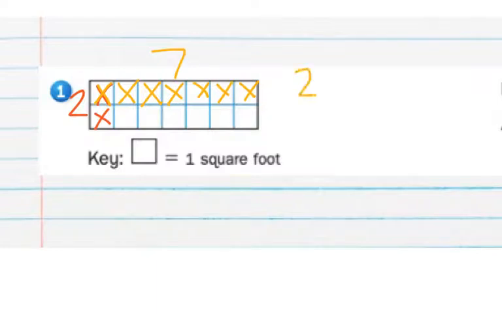So one way to find it would be to think 2 times 7 and then count on the inside. And I see the first group equaled 7, so now I'm going to keep going. 8, 9, 10, 11, 12, 13, 14.